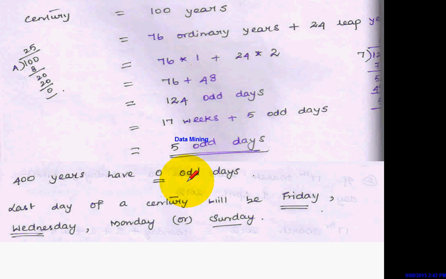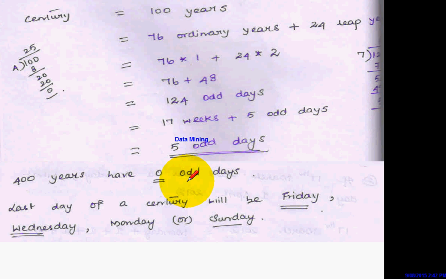The 100th year is a century, but it is not divisible by 400, so it is not a leap year. Including that 100th year, it shows 25 leap years, but we should not include it. So 25 minus 1, it is 24 leap years. So in 100 years we have 76 ordinary years and 24 leap years.